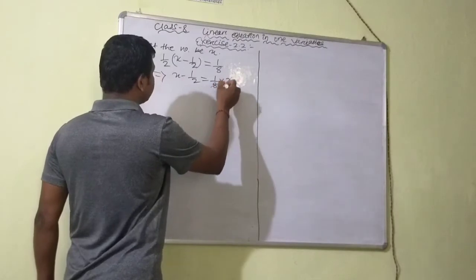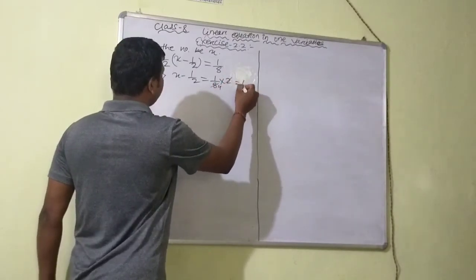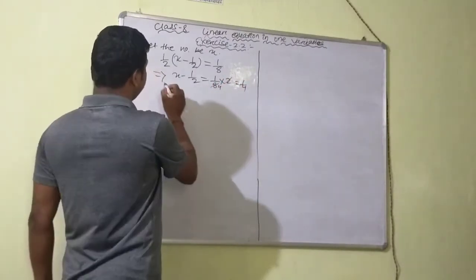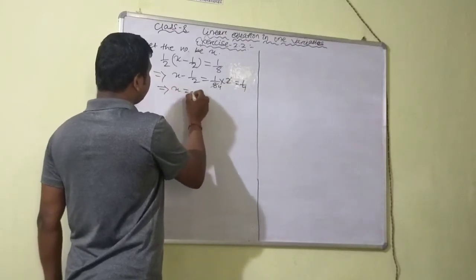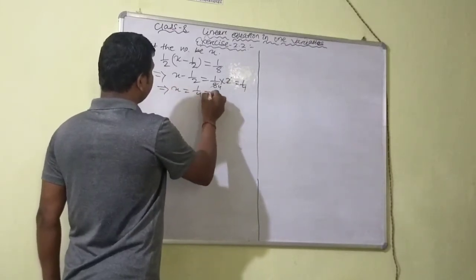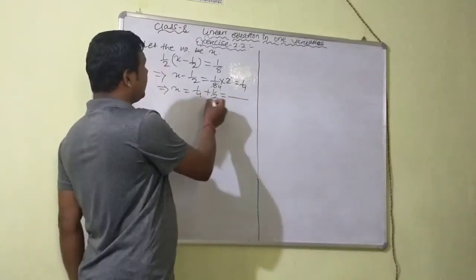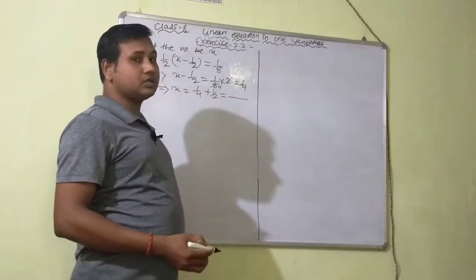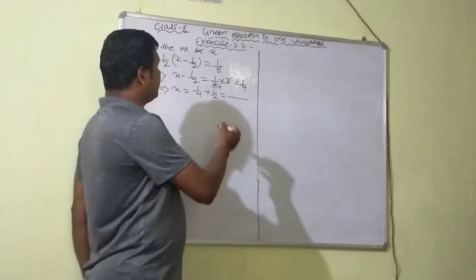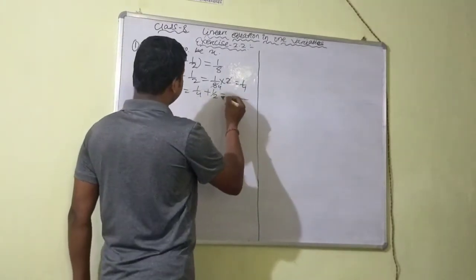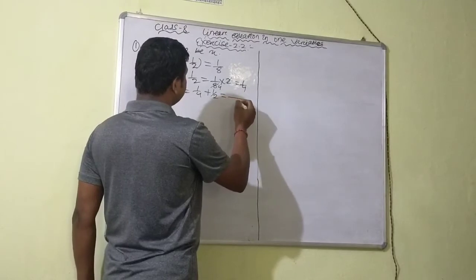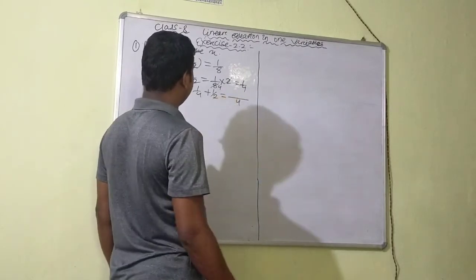Now simplify: 2 1s are 2, 2 4s are 8, that is 1 by 4 on the right hand side. Now x equal to 1 by 4 plus 1 by 2. Now see here, 4 and 2 on the denominator side, so we have to find the LCM of the denominators, 2 and 4, which is equal to 4.